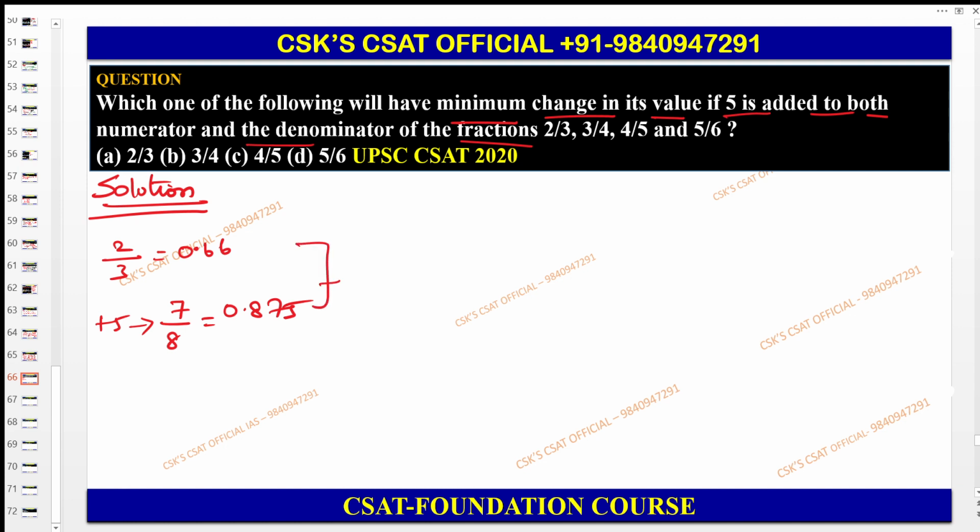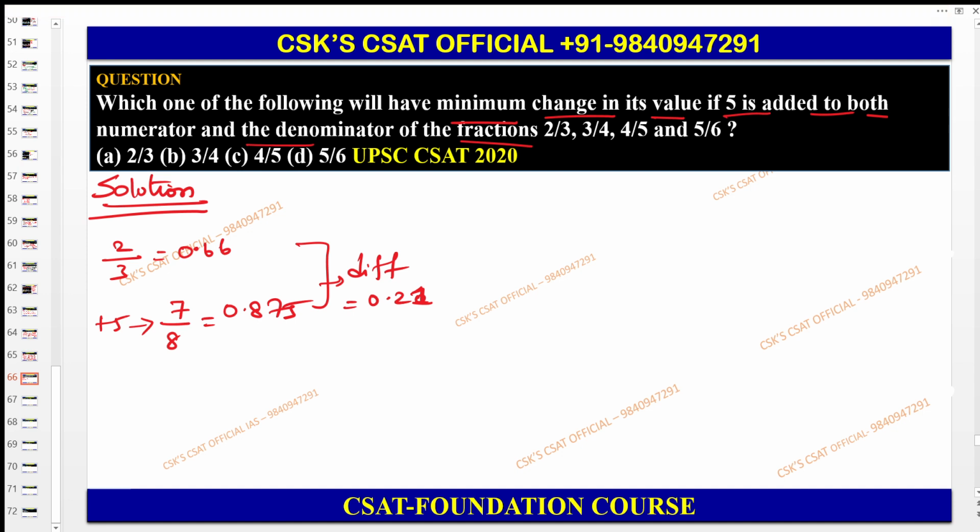So find the difference here. The difference is approximately 0.2, okay, approximately 0.21. You can take 0.21 also, not an issue.